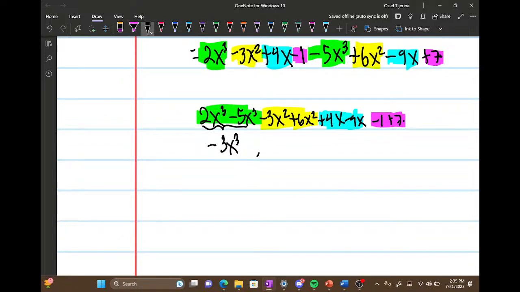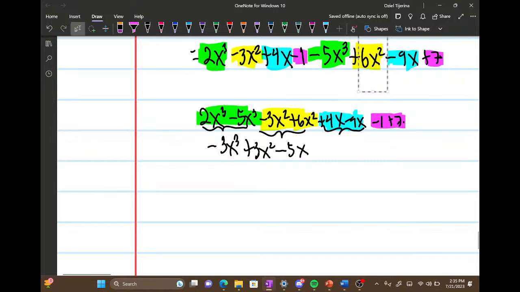So then this will be, like I said, this part is going to be plus 3x squared, and then 4x minus 9x, that's going to be minus 5x, and then negative 1 plus 7 is going to be plus 6.